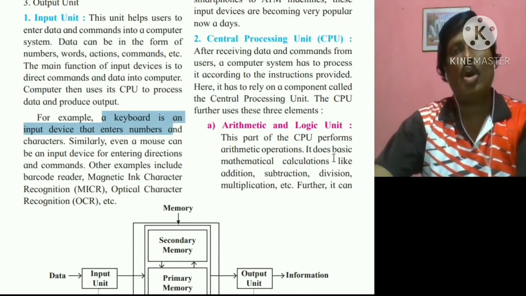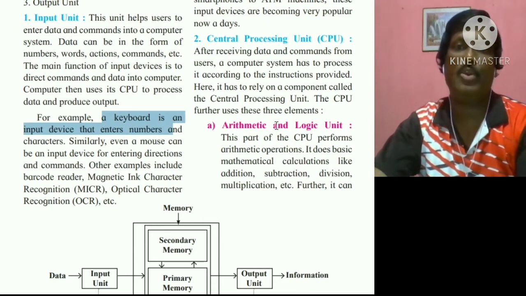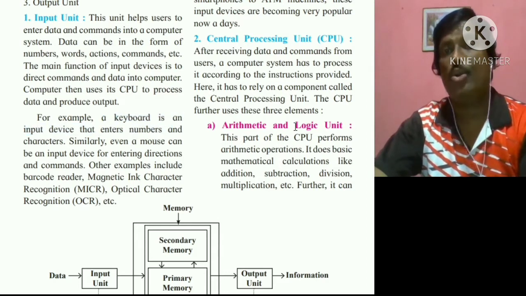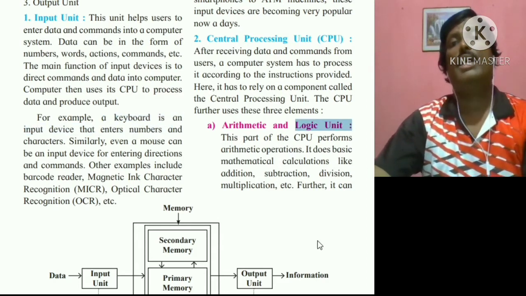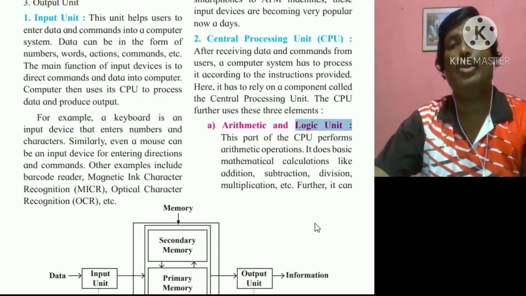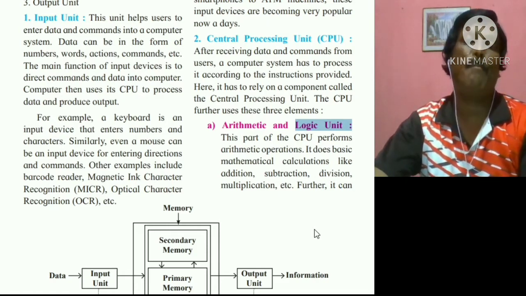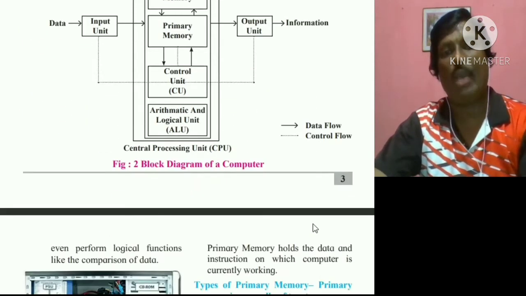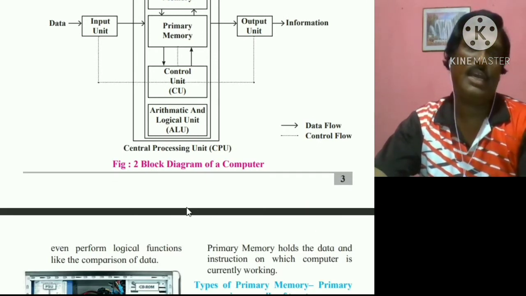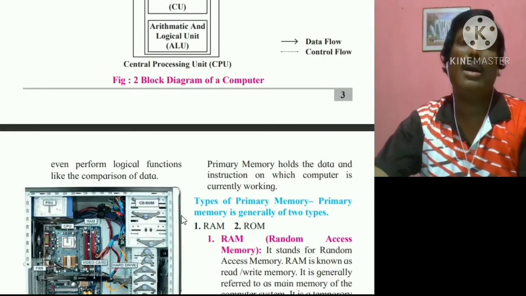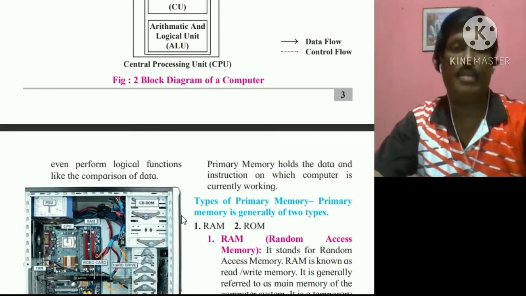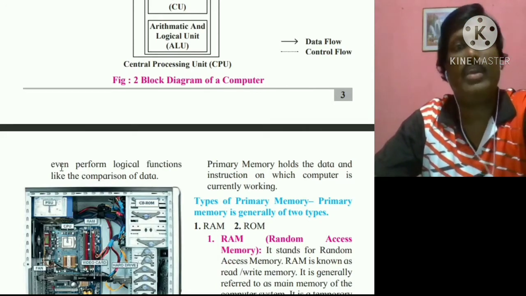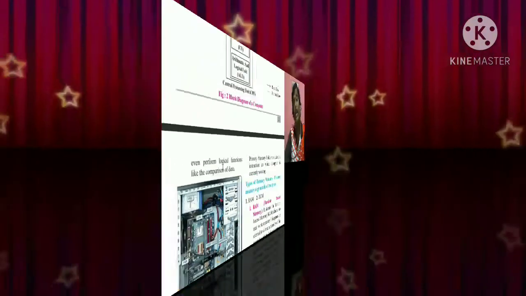And one more unit with this arithmetic unit is a logic unit. Now here this logic unit is used for comparison type of results. For example, suppose we have 2 variables and we have to compare among those 2 variables. At that time we require this logic unit.